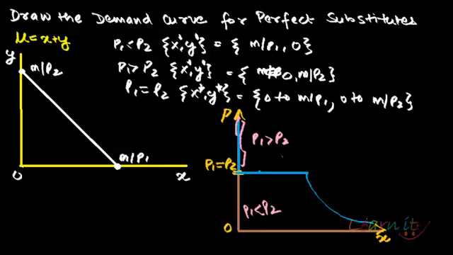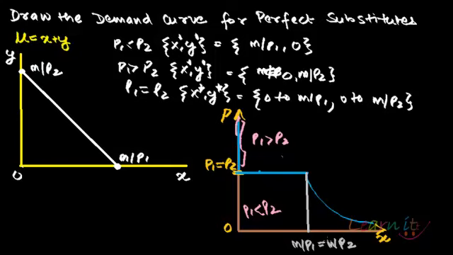Clear? Now what is this point? This point is m by P1, which is equal to m by P2.